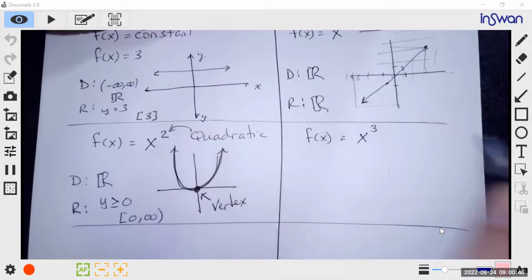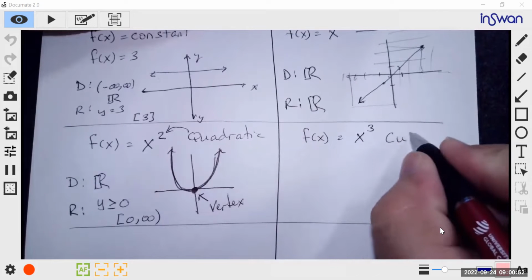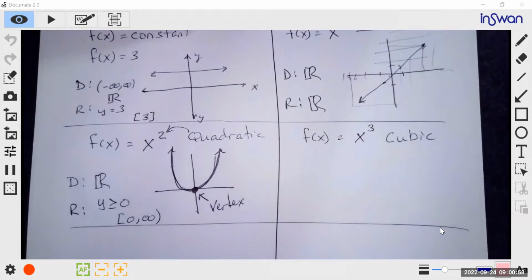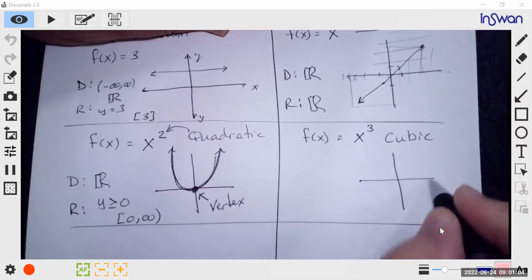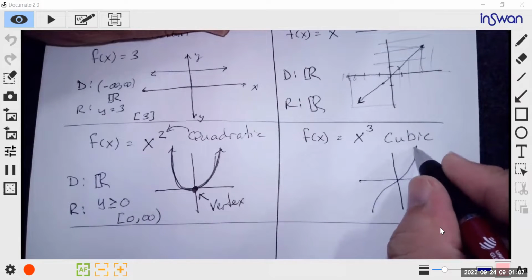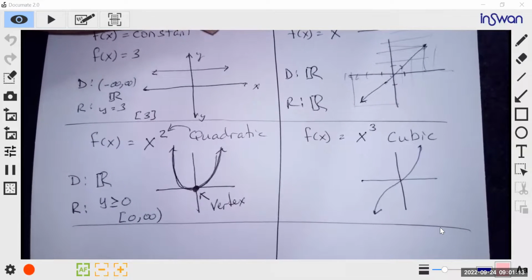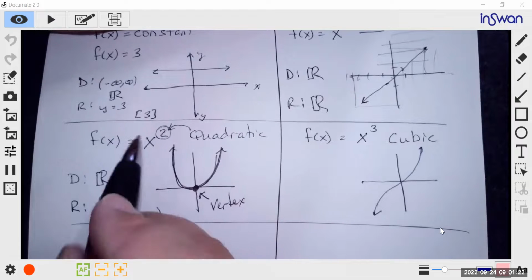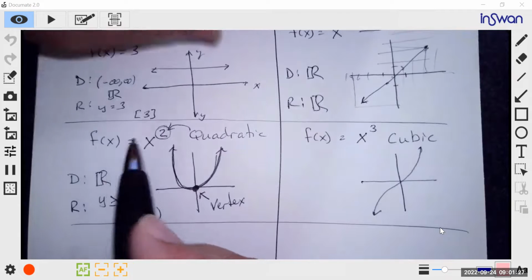Okay, now this is called a cubic. F of x equals x cubed. Basically, the difference between a cubic and a quadratic is whenever you have an even exponent, it'll make any number under it positive. -2 times -2 is +4.